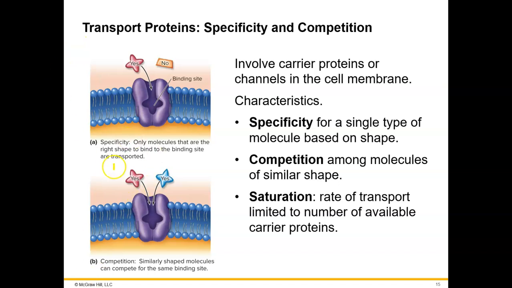These that you're looking at here are called carrier proteins. What they do is chemically bind to a certain substance and bring it across the membrane. They can bring it into the cell or out.